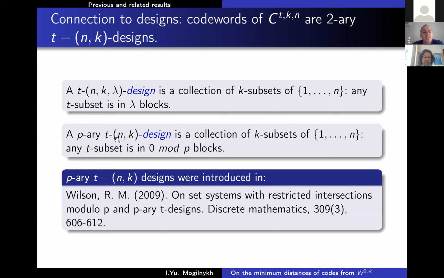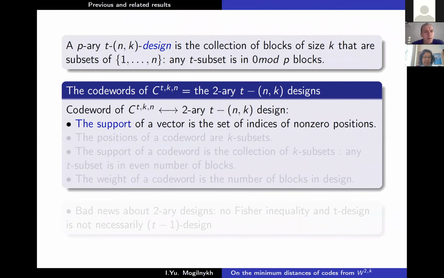A p-ary t-(n,k) design is also a collection of k-subsets, but now we require that any t-subset is contained in 0 modulo p blocks. So lambda now is not always a constant, but it is a constant modulo p, which is 0. Actually, we can see that the codewords of our code C_{t,k,n} are the same as p-ary t-(n,k) designs.